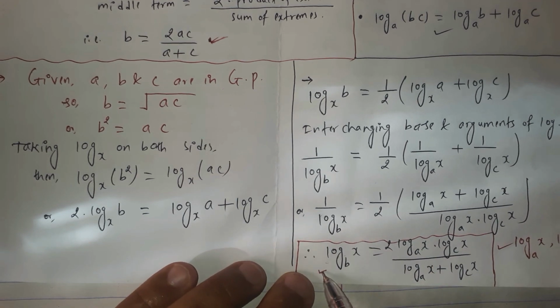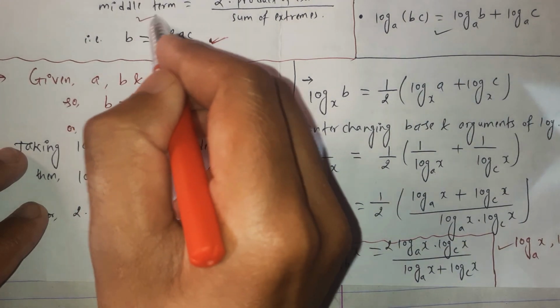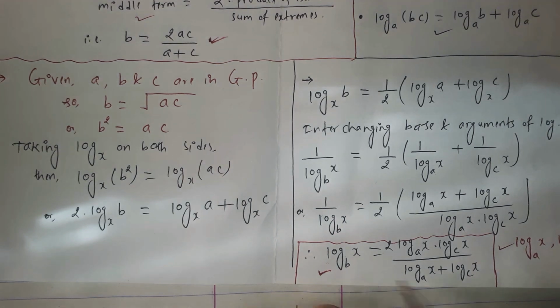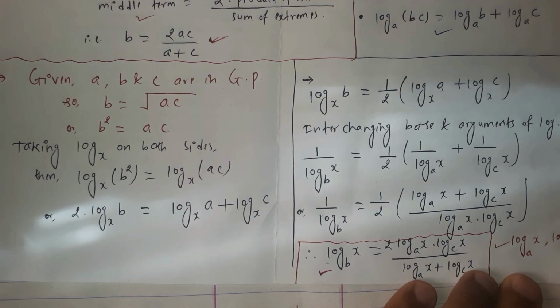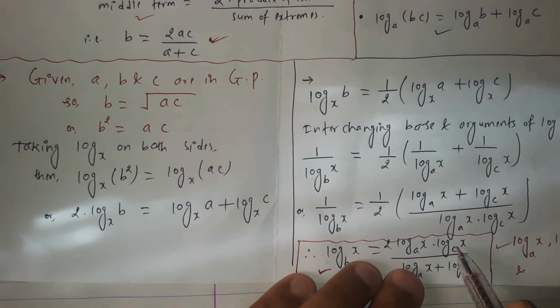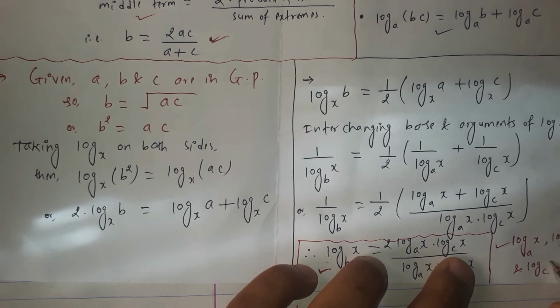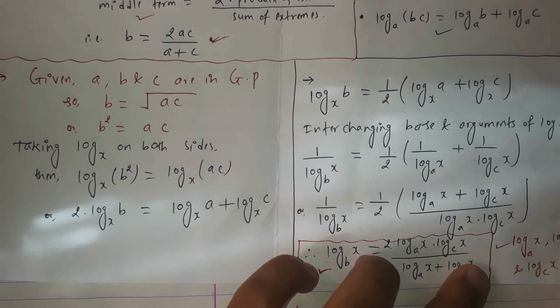log with base, then taking this as a middle term, here the left hand side is the middle term, and the middle term is log with base b of the number x, and the remaining extreme number is log with base c of x, which are finally in HP, harmonic progression.